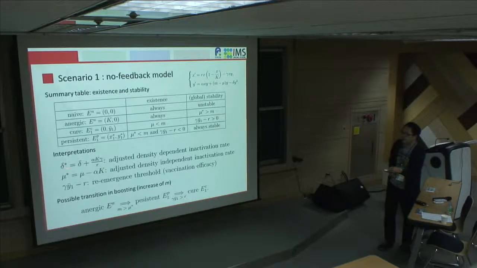And delta star is considered as an adjusted density-dependent inactivation rate. That is the addition of the usual delta and something here. And this mu star is considered as an adjusted density-independent inactivation rate. So this is determined by the difference between mu and alpha K.